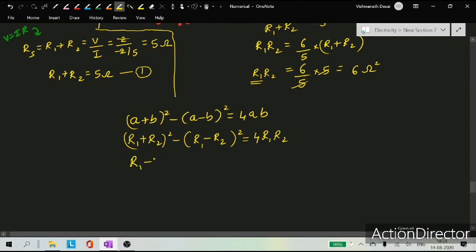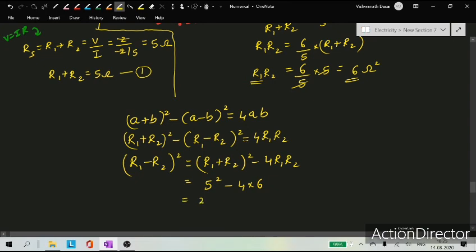R1 minus R2 whole square is equal to R1 plus R2 whole square minus 4 R1 R2. Just simple school mathematics I am using. R1 plus R2 we already found from equation 1, which is 5 square, minus 4 times the value of R1 R2, which is 6.